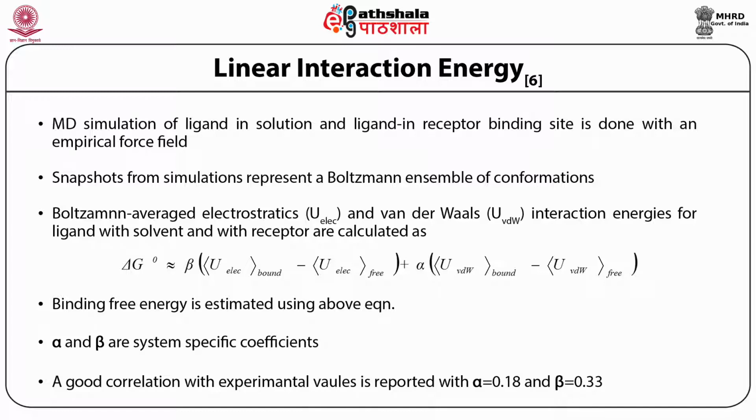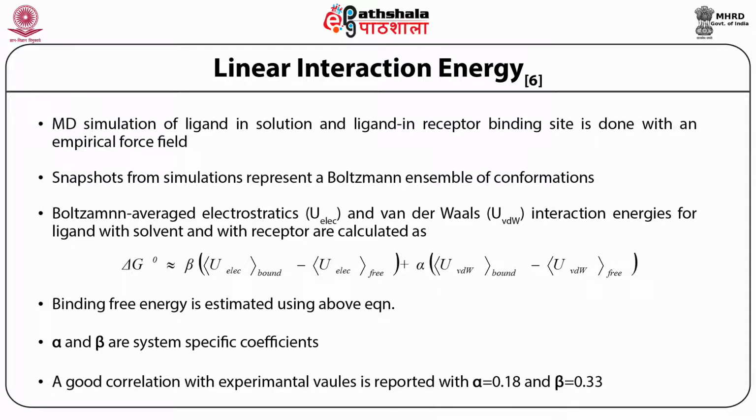We average over the electrostatic and van der Waals energies for the ligand with the solvent and the ligand with the receptor and solvent. Then we calculate for a few of them and find what should be the function of alpha and beta. For a good correlation with experimental values, we find that alpha is almost 0.18 and beta is 0.33. This function can be utilized for calculation by LIE type of methods.